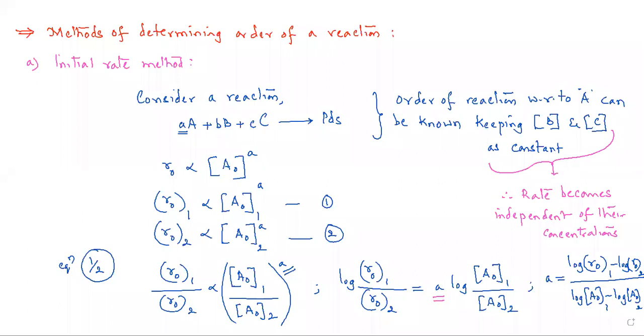Now, small a is the order with respect to capital A, which we have anyway determined. In the same way, even B and C, small b and small c, are also determined by the same method.